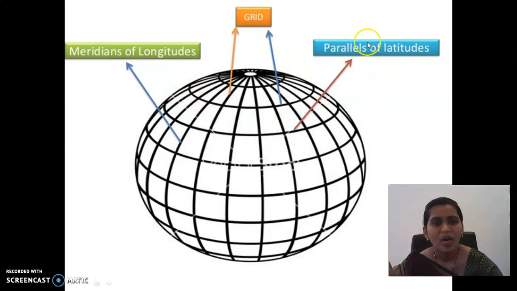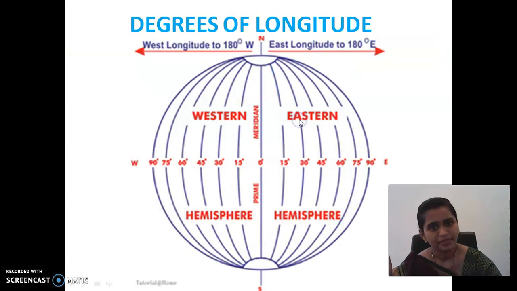So these are all imaginary lines on our earth. Yes, here we can see degrees of longitude. As I told you, these are all imaginary lines. From north to south, the imaginary line which is passing, we'll call a longitude.